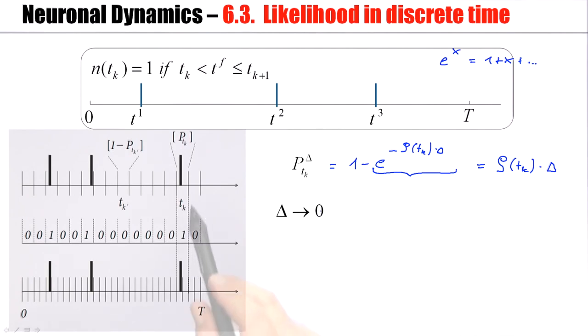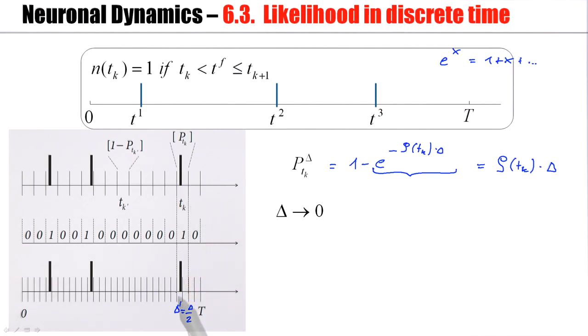So now consider the transition from time steps of duration delta to time steps of half the size, delta prime equals delta over 2. Well, now I had a certain probability to fire in that time step.